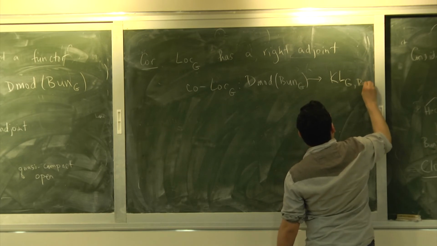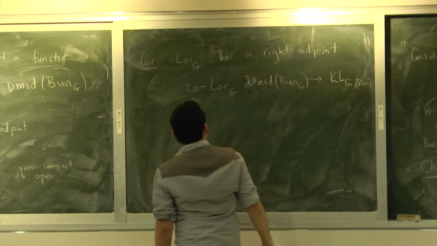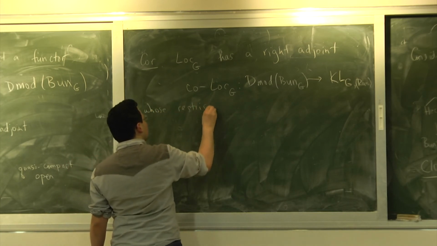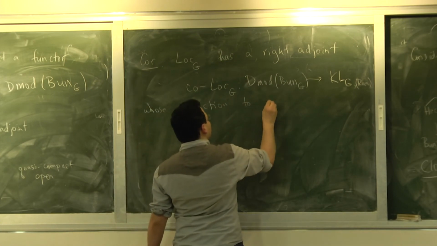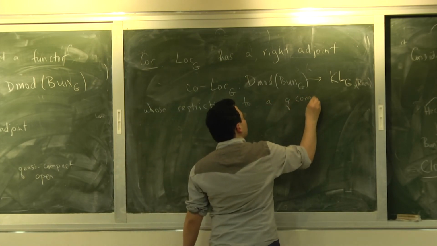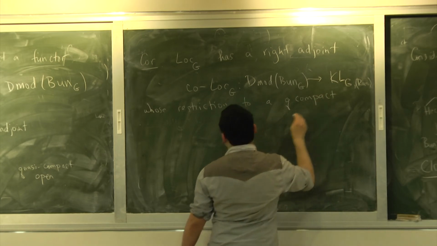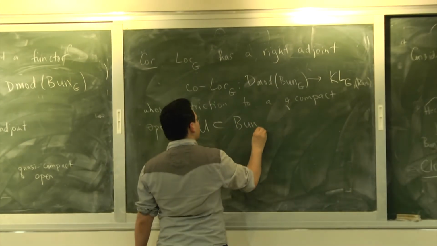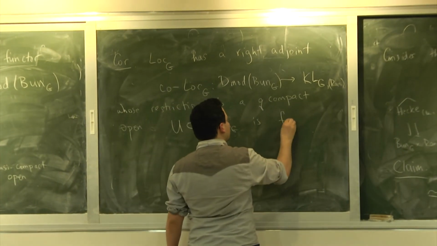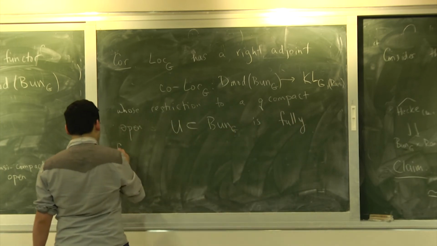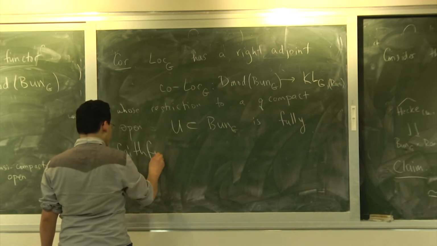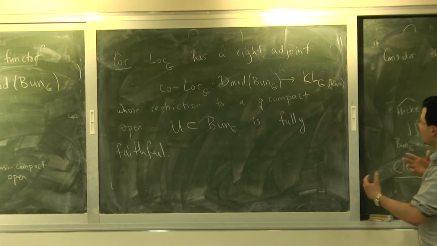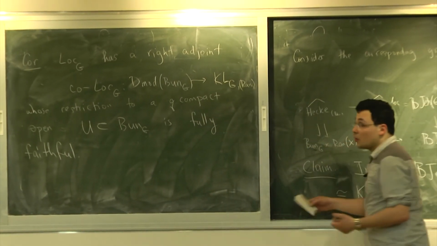Now I'll emphasize that this is all happening over the rational space, whose restriction to a quasi-compact open U inside of Bun-G is fully faithful. So we don't get a fully faithful functor, but we get something very close to it.